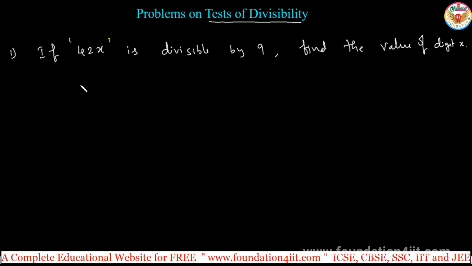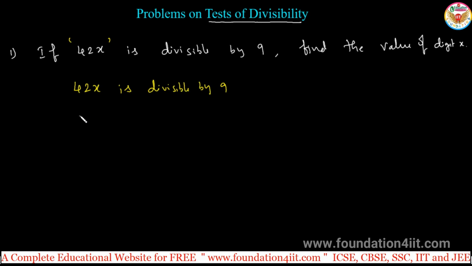Now as per the rule, 42x is divisible by 9. The rule for 9 is that the sum of the digits must be a multiple of 9, right? That means 4 plus 2 plus x is divisible by 9.